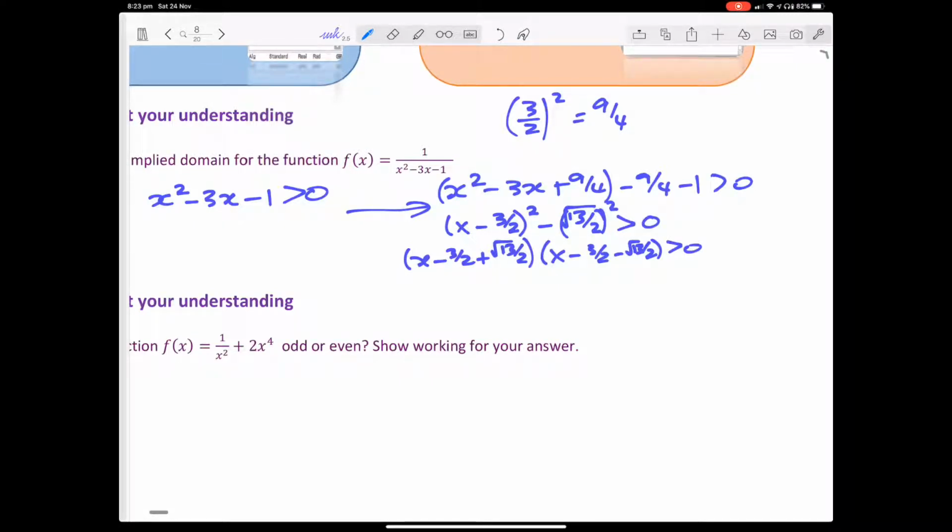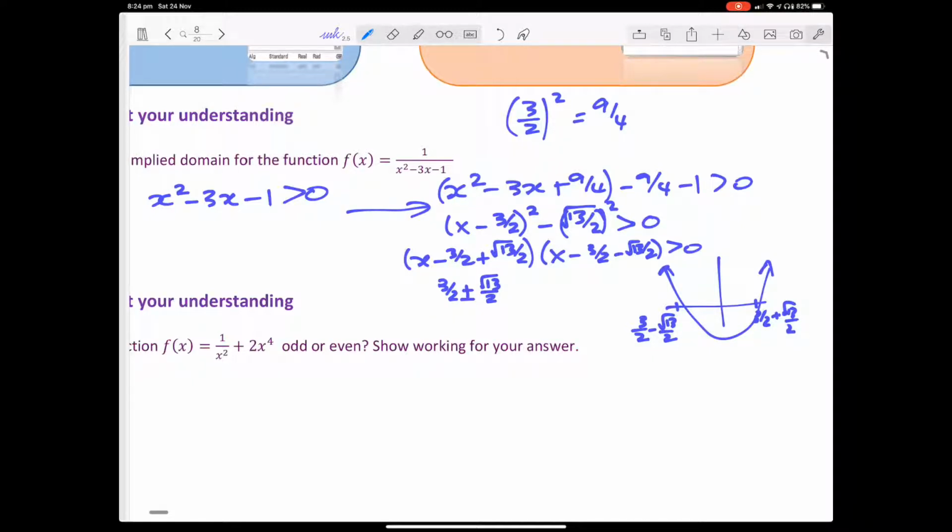So our x-intercepts would be 3 on 2 plus or minus root 13 on 2. Now if we were to sketch that, we're going to get 3 on 2 plus root 13 on 2, and 3 on 2 minus root 13 on 2. It's going to look like that.